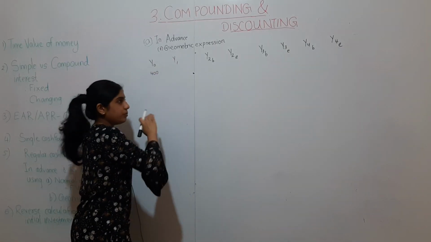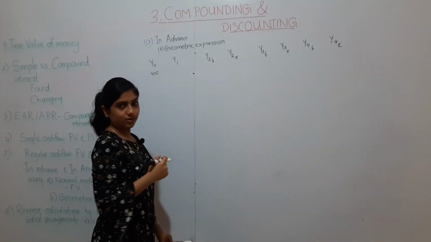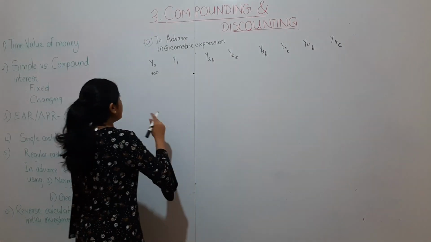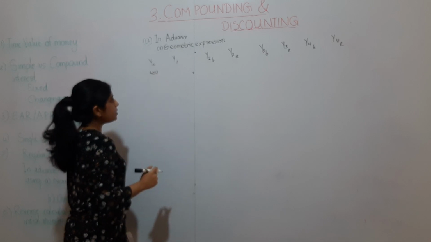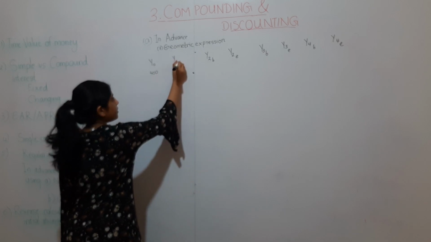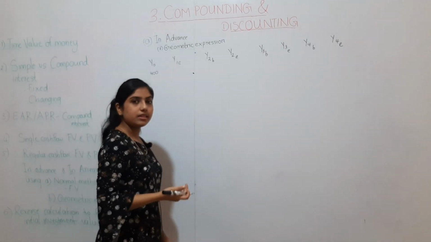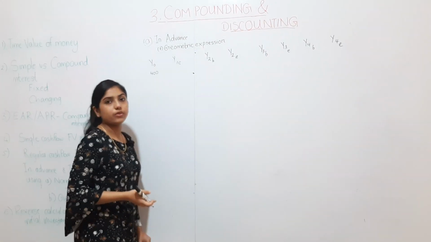In this case, the period goes in years. So, you will have year 0 as your beginning one. According to the question, in year 0 we had 400 rupees, and then this is end of year 1, which they will not invest because we invest in advance, meaning we have to invest at the beginning of the period.